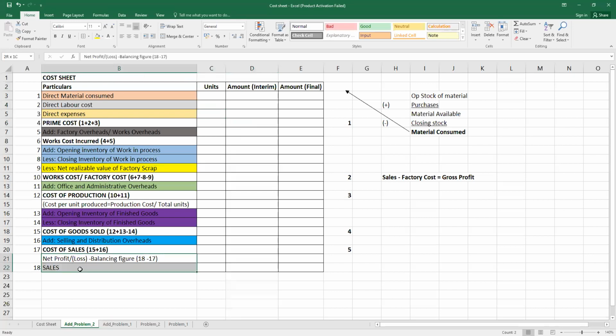Okay guys, let's start with problem number 2. What is given in problem number 2?